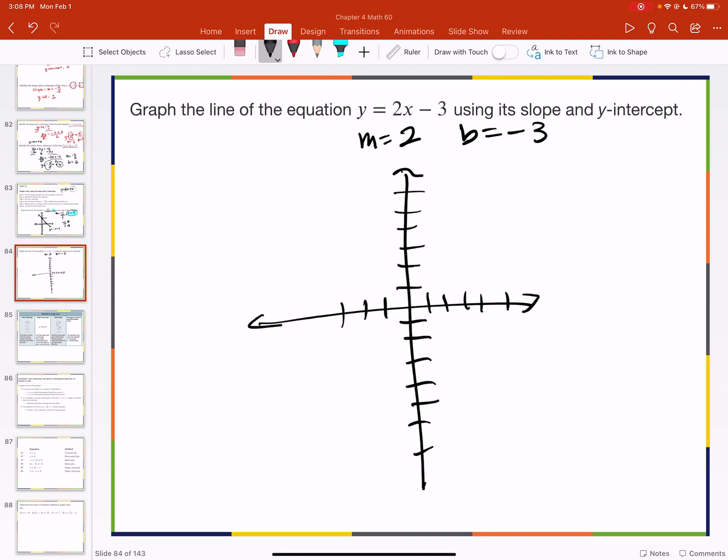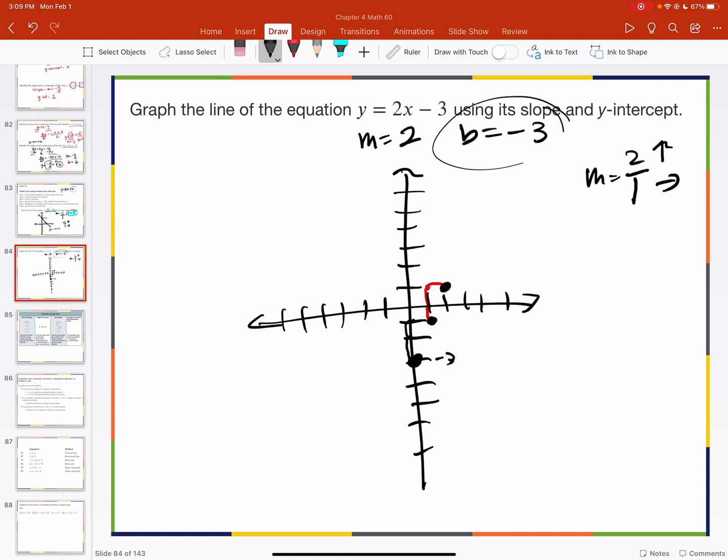Okay, so starting at -3, that's the -3 right there. That's our starting point. And our slope is 2 over 1, so that's positive. So you would go up 2 over 1, make a dot. Okay, so we go up 2, to the right 1, and then we make a dot.